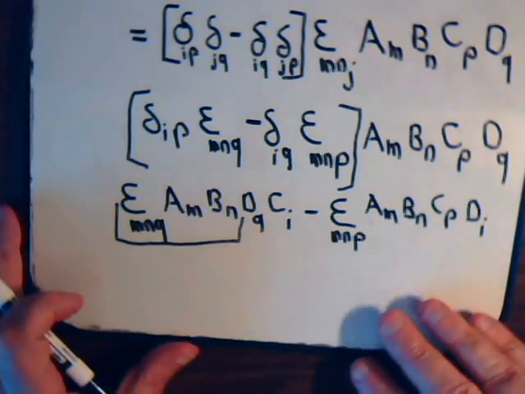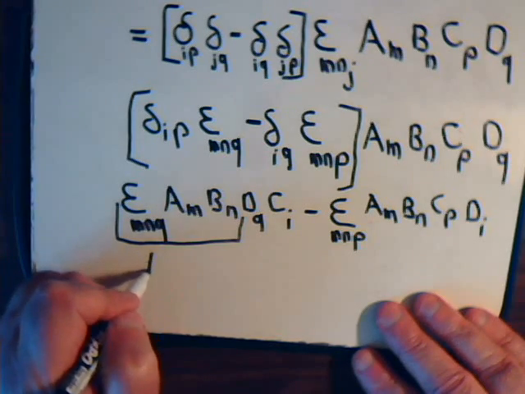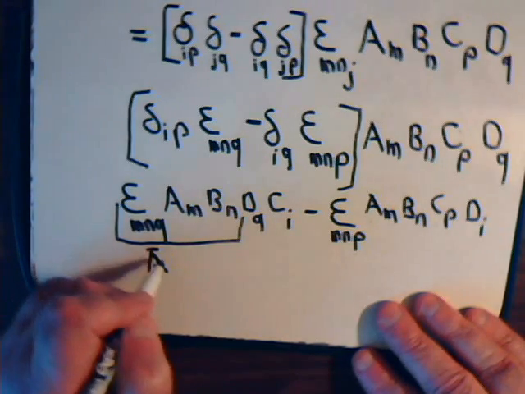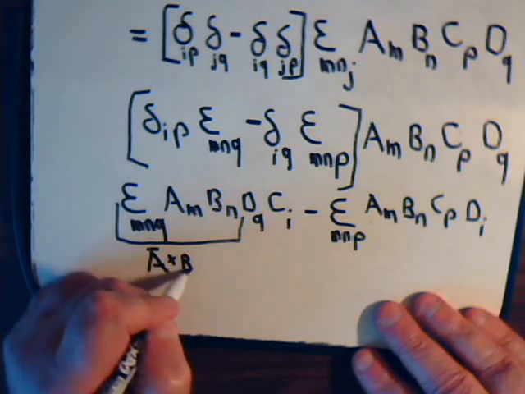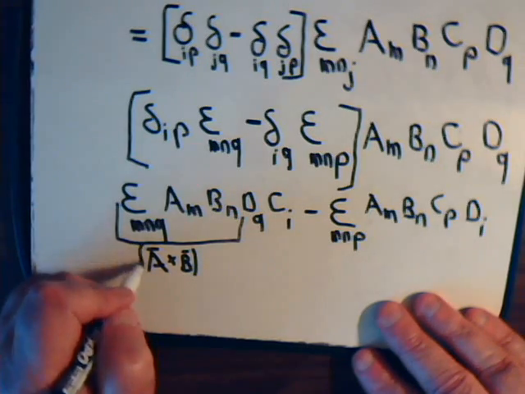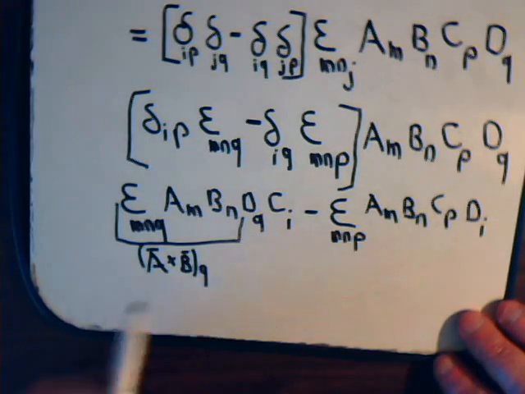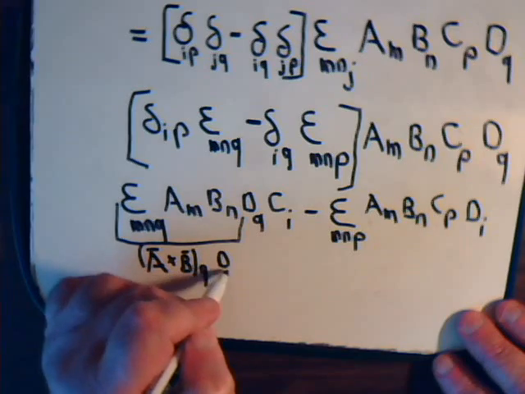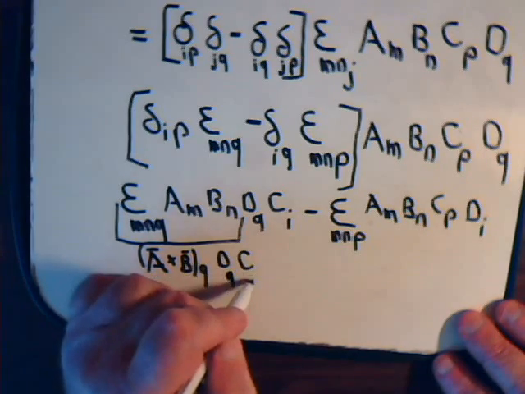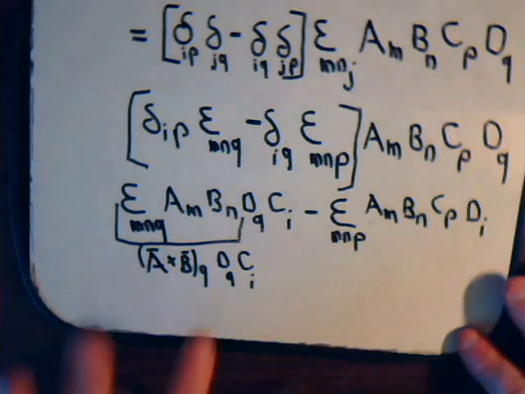So this is A cross B, qth component of it. And I have this times D of Q, CI.